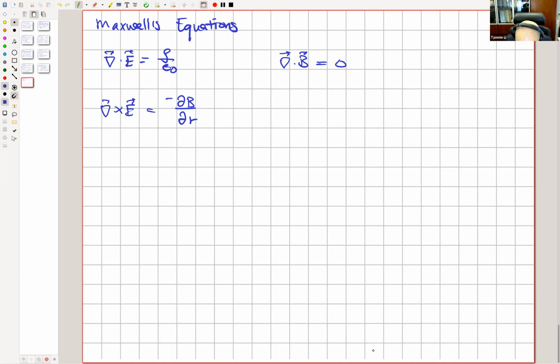And the curl of B equals mu naught J plus mu naught J_D, if you will, which you can also write as mu naught epsilon naught partial E partial t. So that is now the complete set of Maxwell's equations.